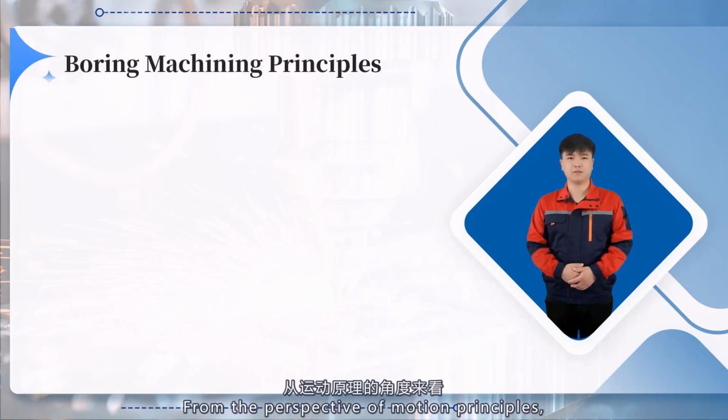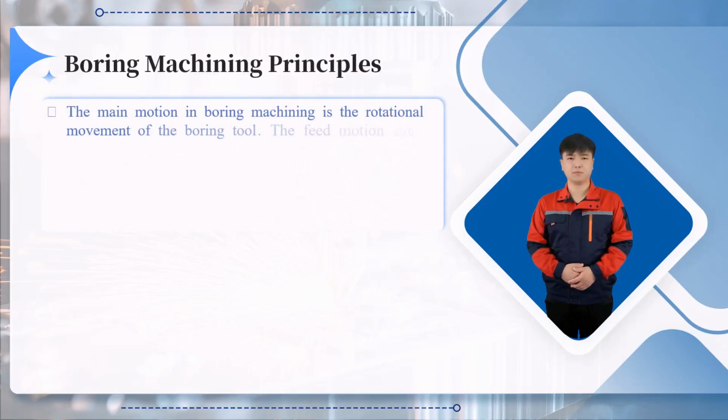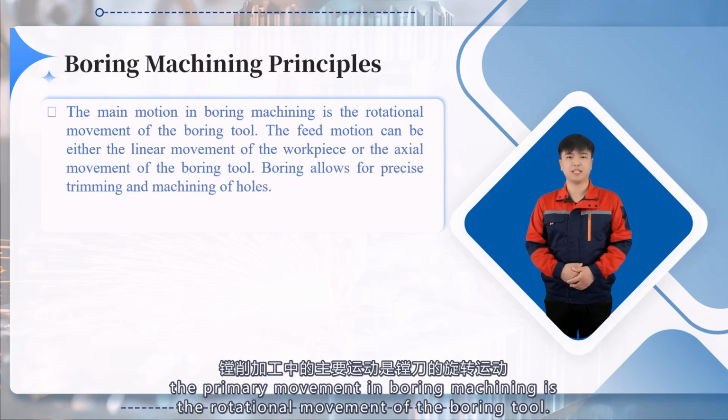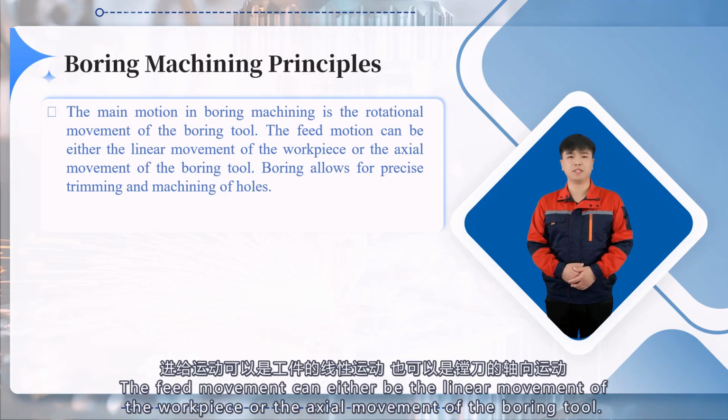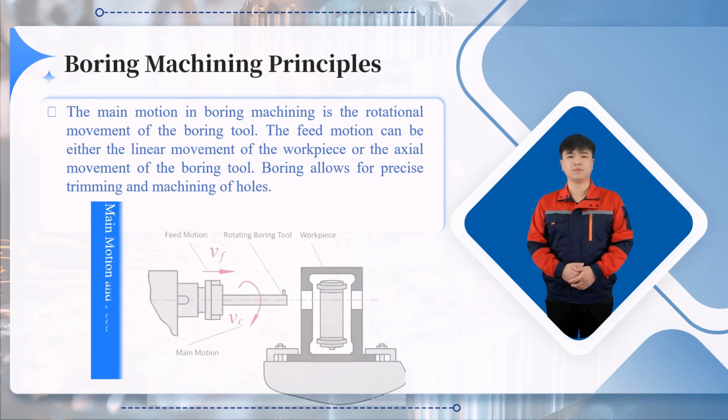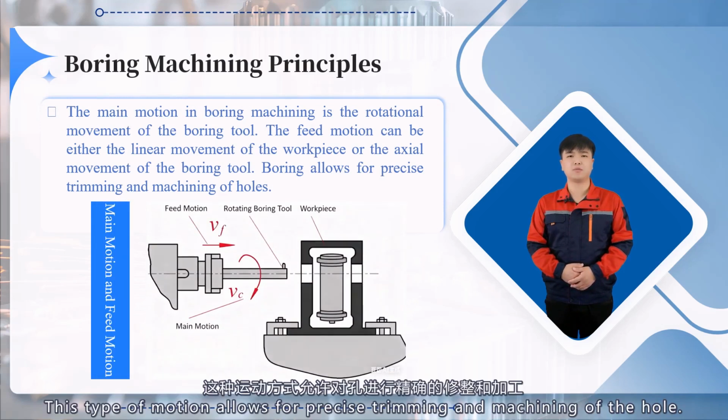From the perspective of motion principles, the primary movement in boring machining is the rotational movement of the boring tool. The feed movement can either be the linear movement of the workpiece or the axial movement of the boring tool. This type of motion allows for precise trimming and machining of the hole.